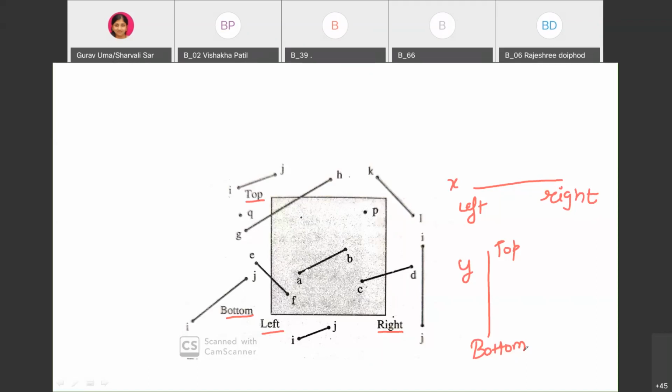So see the diagram properly. In the diagram, some lines are inside the window, some lines are completely outside the window, whereas some lines are partially inside and partially outside the window. So see the diagram carefully.